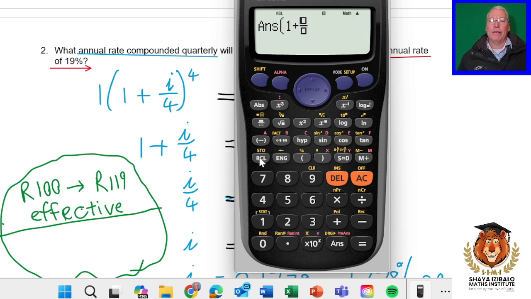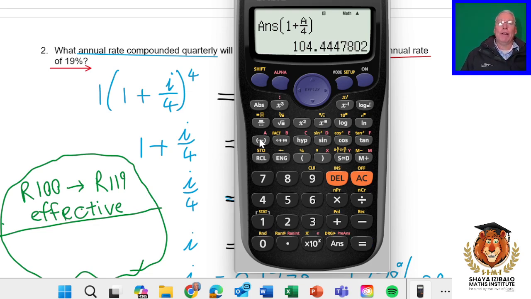Now our interest rate is in A, that's 0.1778. We're going to divide it by 4. All right. And so that's going to grow our 100 Rand by a quarter of 17.78%. And that's how much we'll have after 1 quarter, after 3 months.